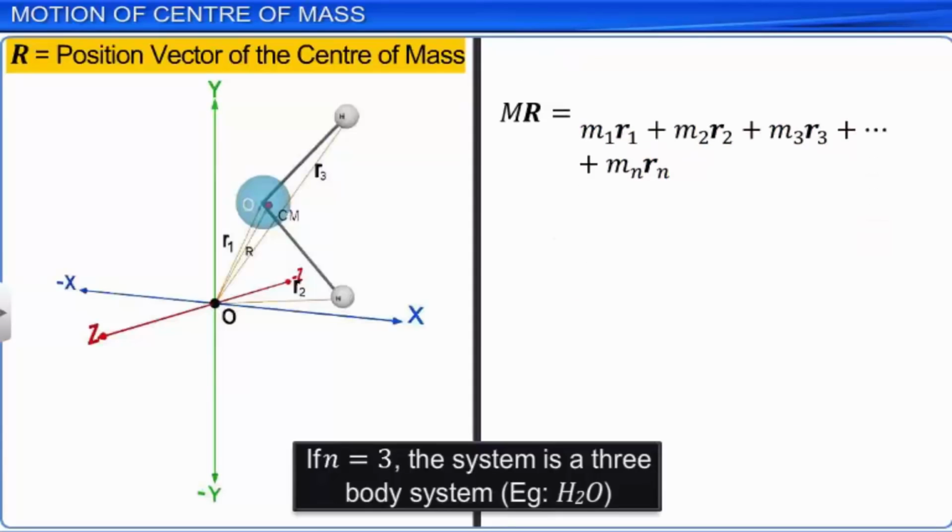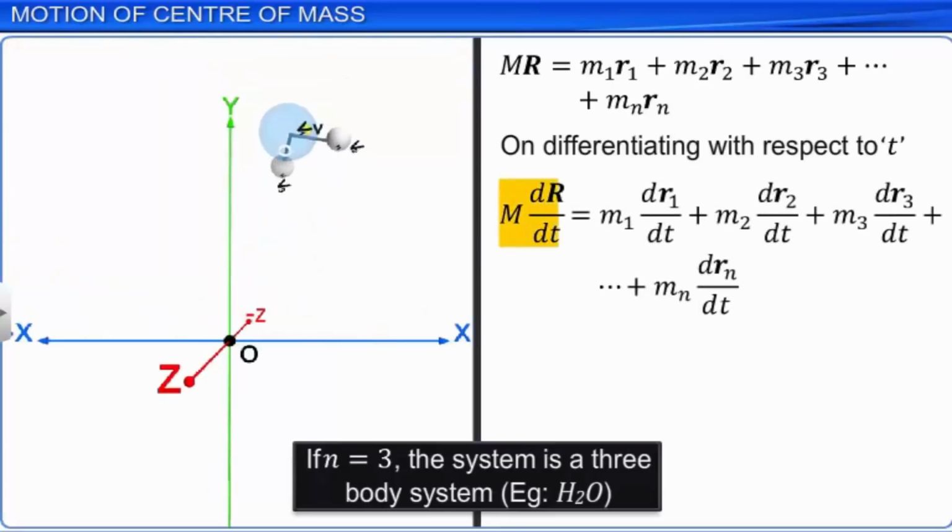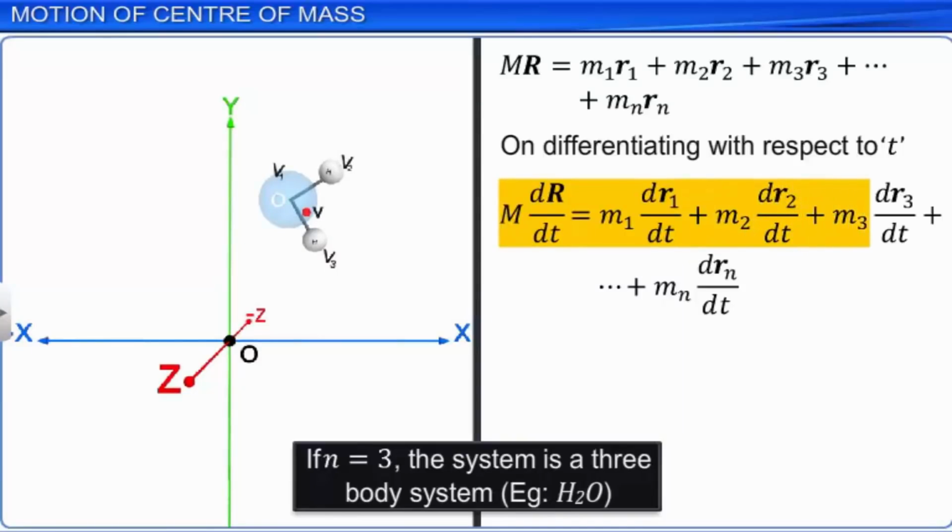On differentiating both sides of the expression with respect to time, we get M dR by dt is equal to m1 into dr1 by dt plus m2 into dr2 by dt plus m3 into dr3 by dt and so on, plus mn into drn by dt.